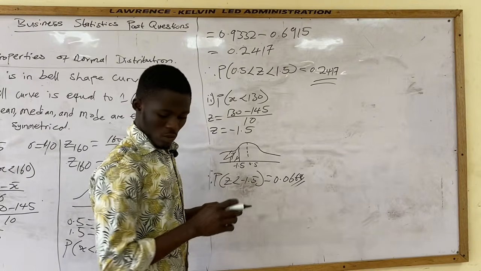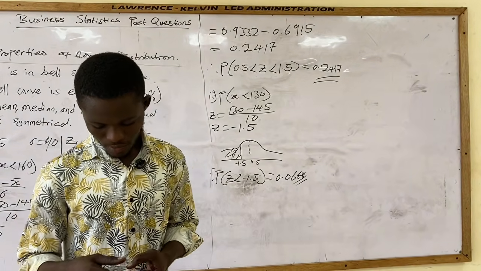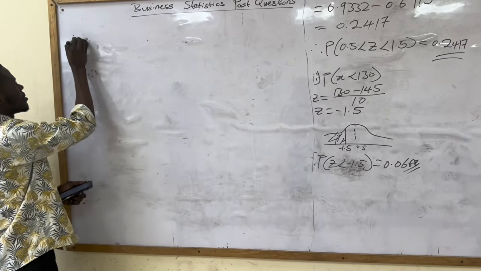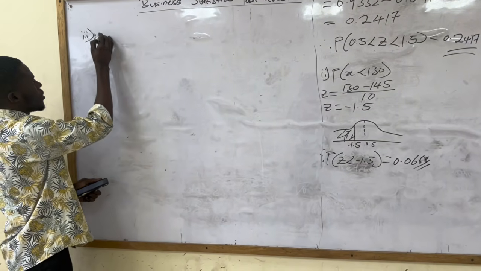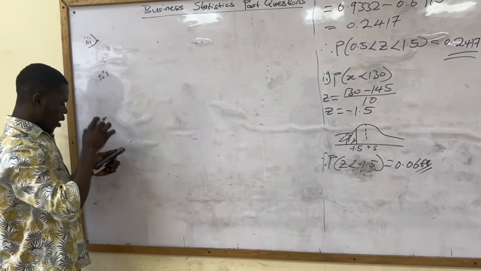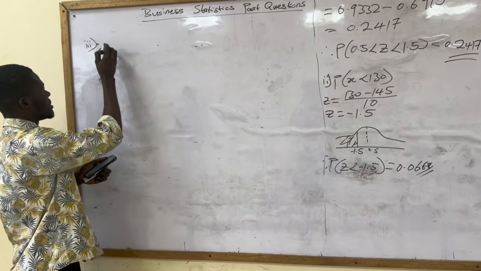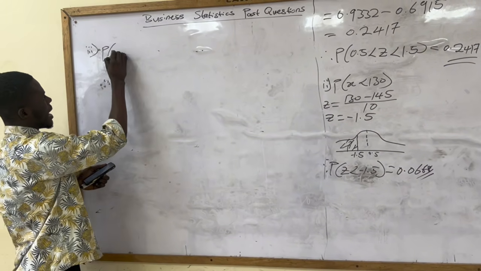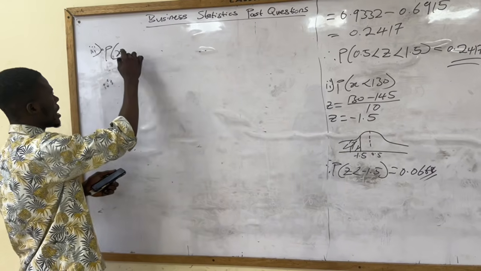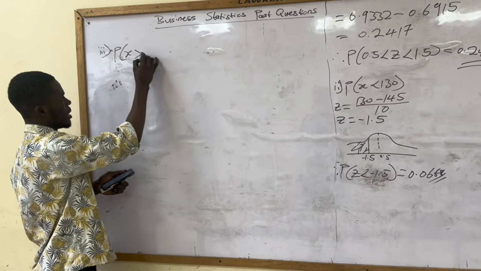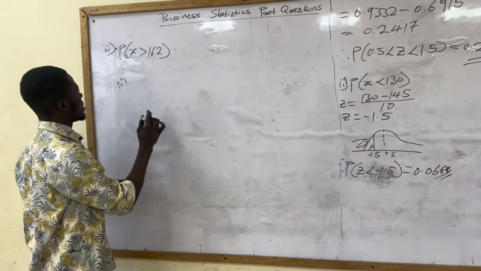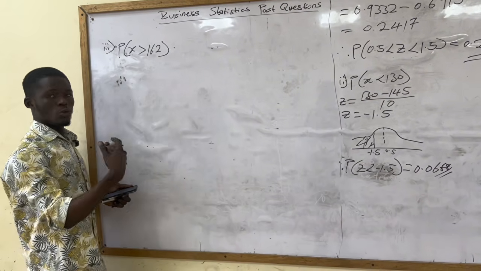Okay, now let's look at the next question, continuing with part I. The probability that more than 162 Ghana cities. So it says more than. So here we get greater than. Now let's insert it into the formula.